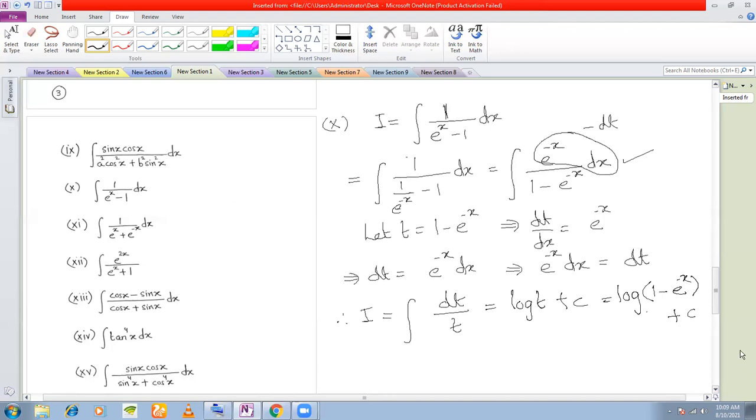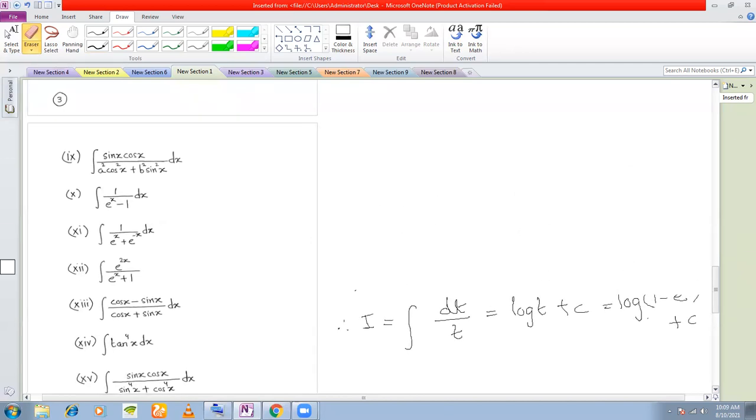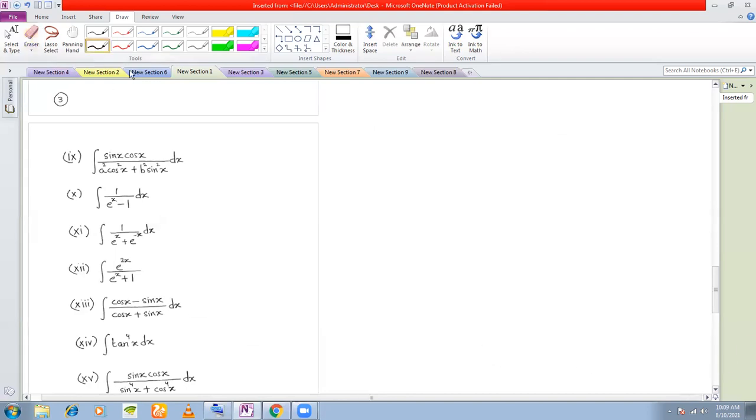Okay, moving on to the next one. Integral dx 1 by e to the power of x plus e to the power of minus x dx.